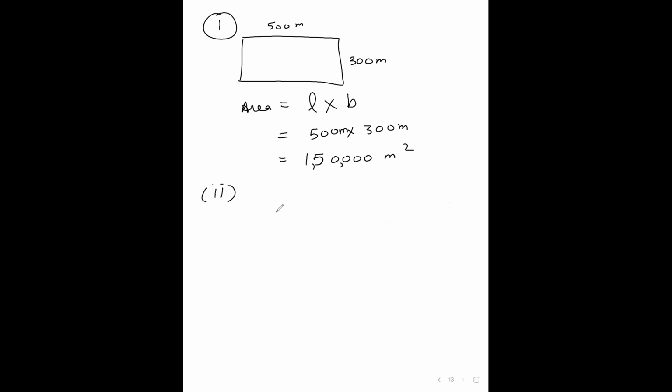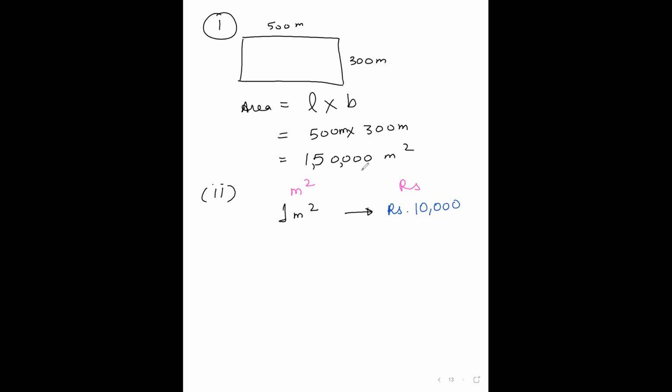The unitary method is this: meter square and here rupees. 1 meter square costs how much? It's given in the question: rupees 10,000.